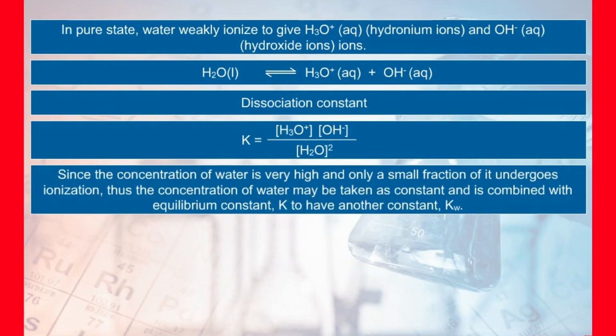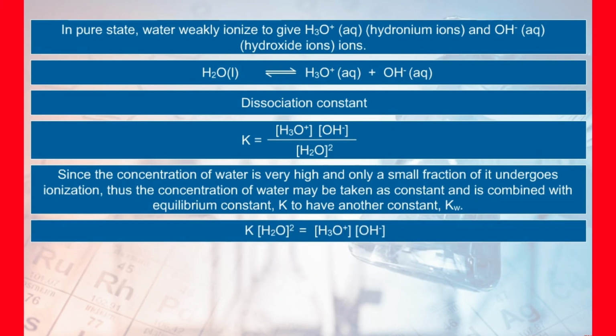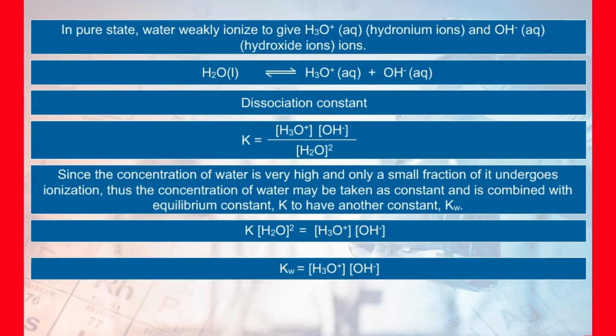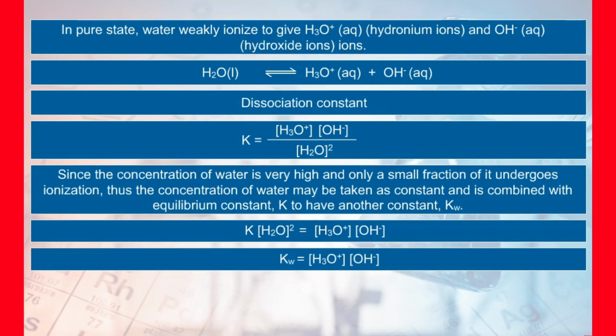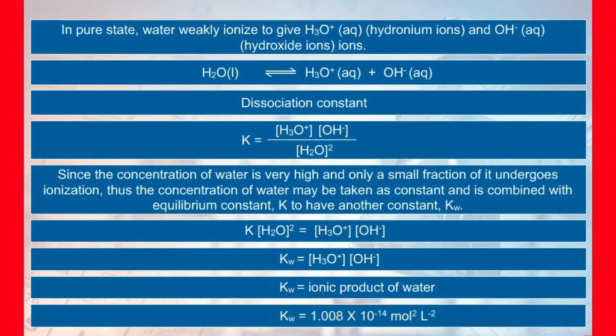Since the concentration of water is very high and only a small fraction of it undergoes ionization, the concentration of water may be taken as constant and is combined with the equilibrium constant K to have another constant Kw. Kw is called the ionic product of water. Its value is 1.008 times 10 raised to the power minus 14 mole square per liter square.